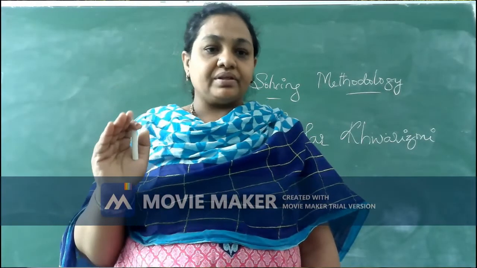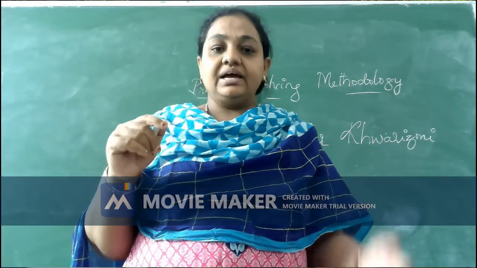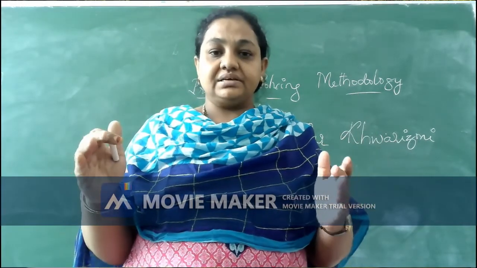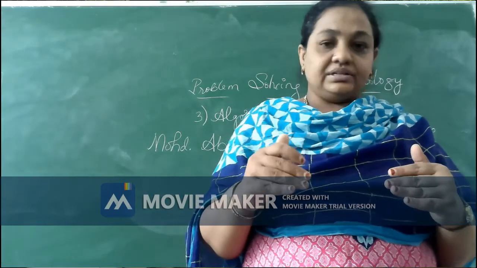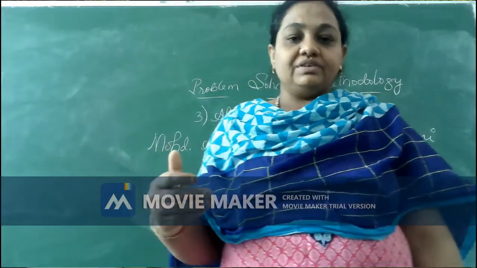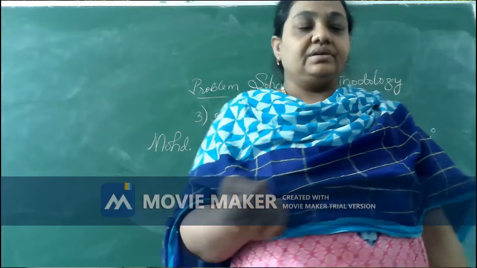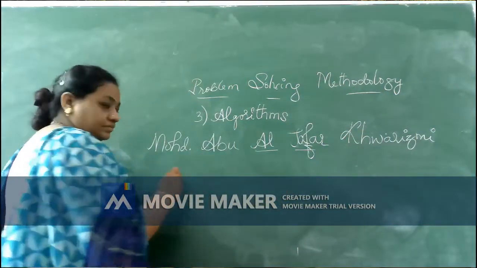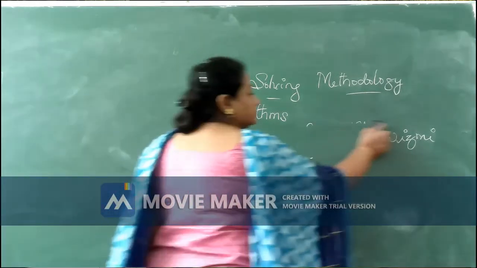The process of writing steps required to solve the given problem is called algorithms. Algorithm is also called a step-by-step procedure written to solve the given problem, or a step-by-step solution to the given problem.